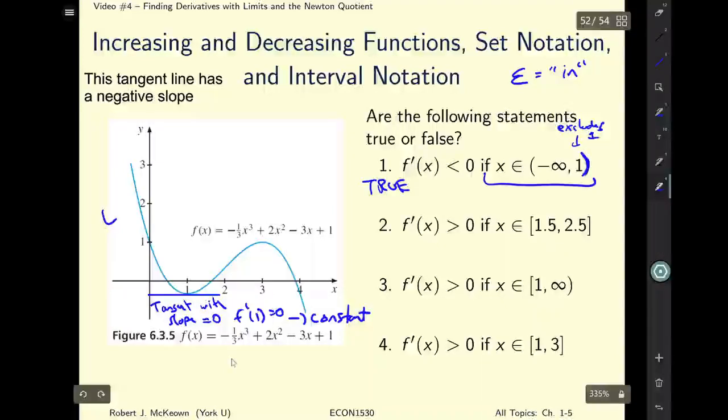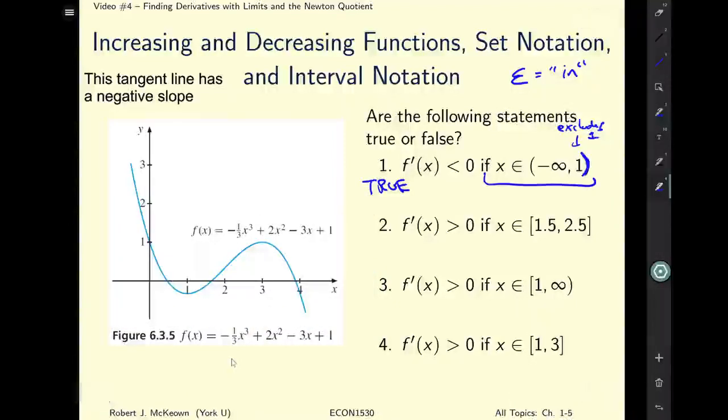Now I'm going to clear off some of this. And let's take a look at number 2. So it says that the derivative, or the slope, of the line is positive if x is in the interval 1.5 to 2.5.